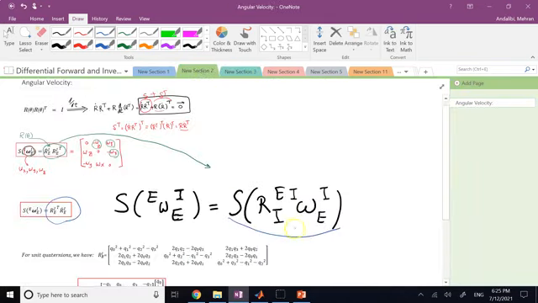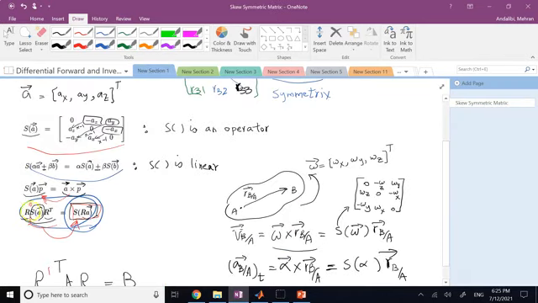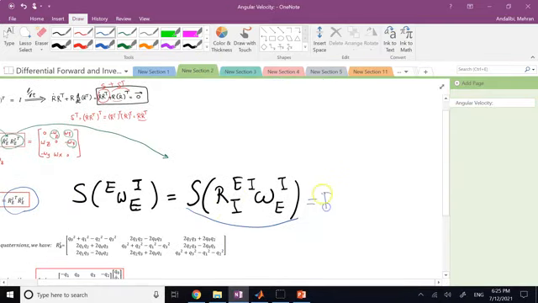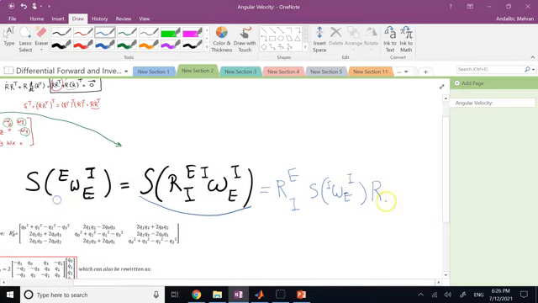So look, this is S of RA. Here A is like our omega. So it is again going to be what? R S of A R transpose. So it is going to be R S of A R transpose, based on that similarity transform property.